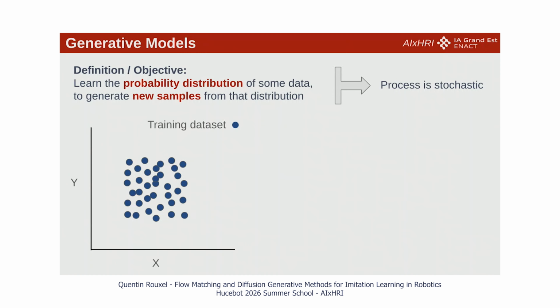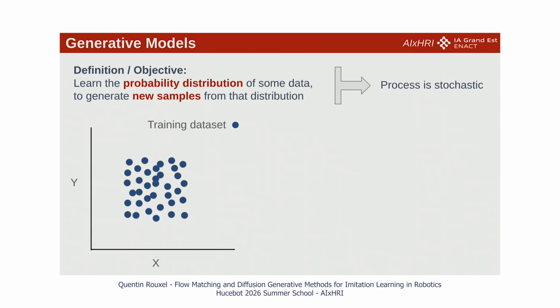For example, here in the 2D plane, a 2D distribution with x and y that looks like it is taken from a uniform distribution that has the shape of a square. And all these blue dots here are the dataset we have collected. The whole problem of generative AI is to model these distributions, to understand that this is actually a kind of square, and most important, to sample new examples from the distribution.